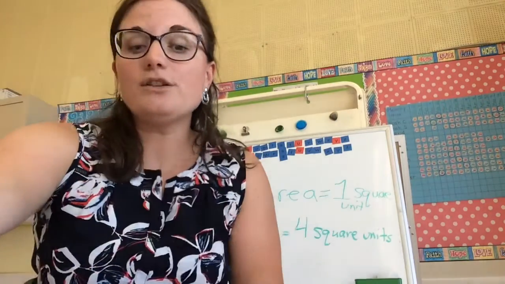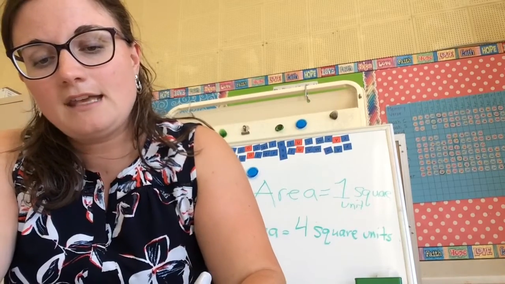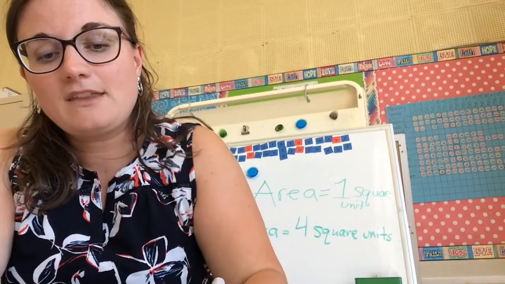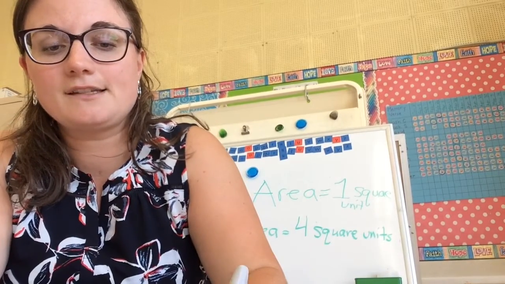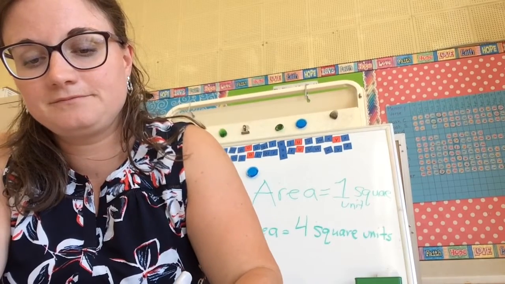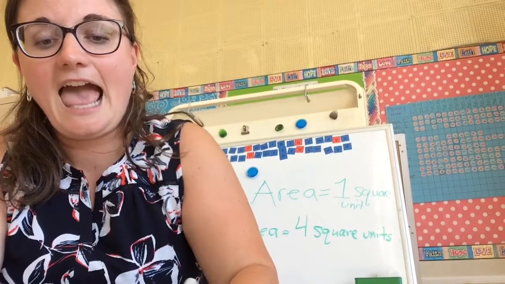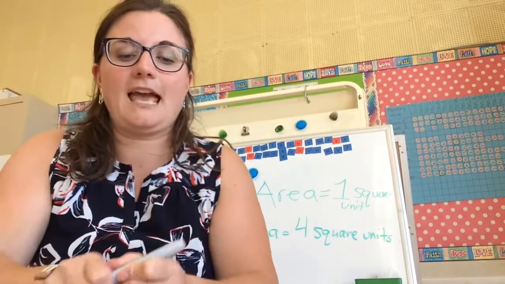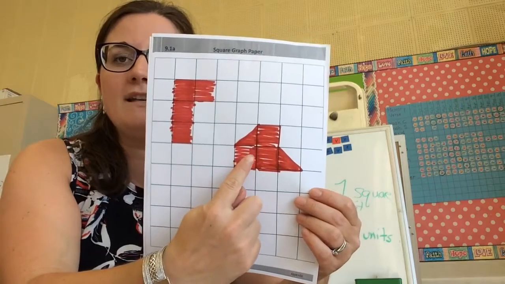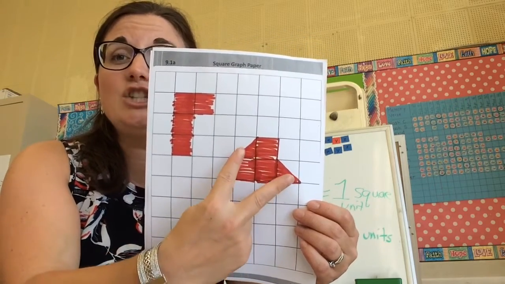Now, I will also tell you that you could make a shape that uses half square units. So I'm going to draw a shape here that is using half of a square. Okay? So right here, I've got another shape that has 1, 2, 3 full squares and 2 halves.